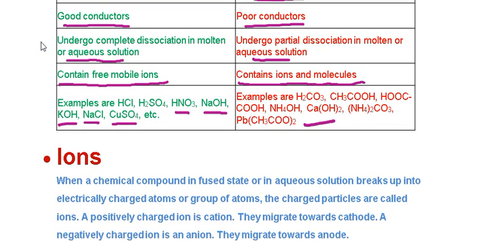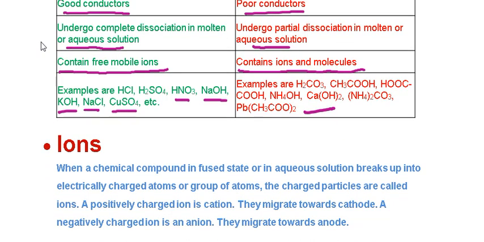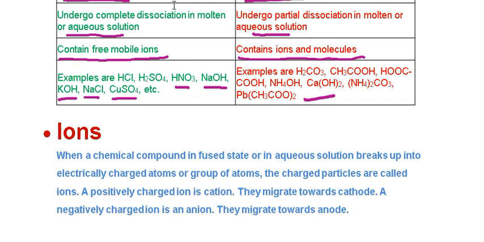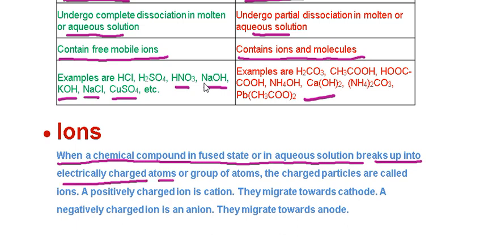What are ions? It is also required to know that when a chemical compound in fused state or in aqueous solution breaks up into electrically charged atoms or groups of atoms, the charged particles are called ions.